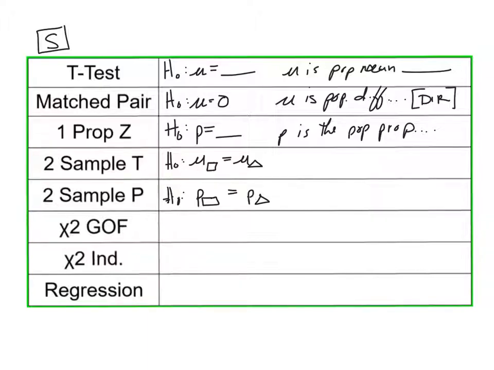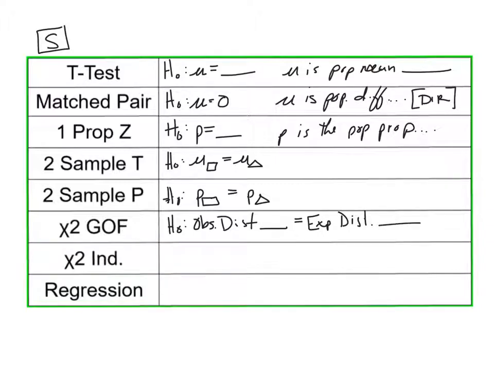Now, the chi-square goodness of fit test. This is the null where we say the observed distribution of whatever we're talking about, the number of ice cream cones, number of people that walk to work, whatever, is equal to the expected distribution.